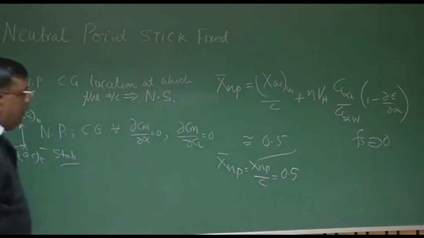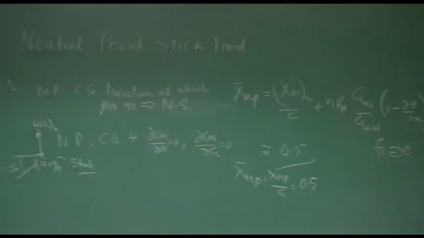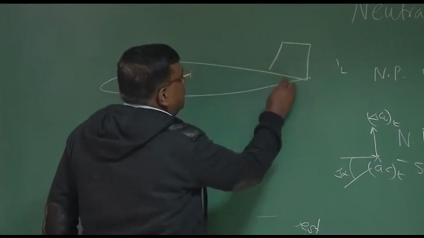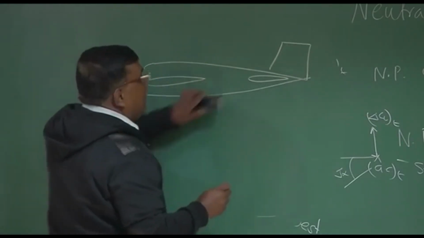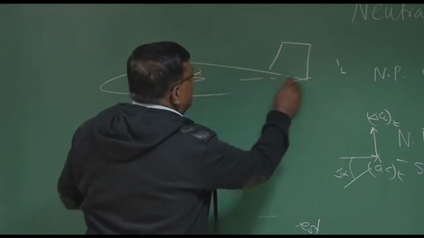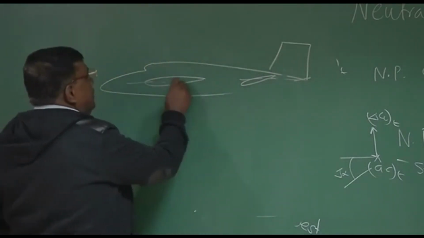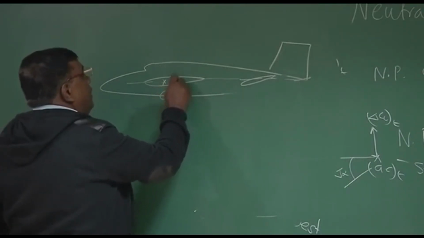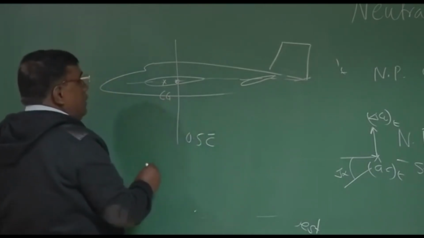So what is the meaning? How to interpret this as a designer? Let that be very, very clear. So let me draw the airplane. Here is the airplane. Here is the tail. Here is the wing. Of course, this tail is having some negative setting angle. So take 1 degree. So I will draw it something like this, tail. And if CG is here, the neutral point is coming at around 0.5 C bar.